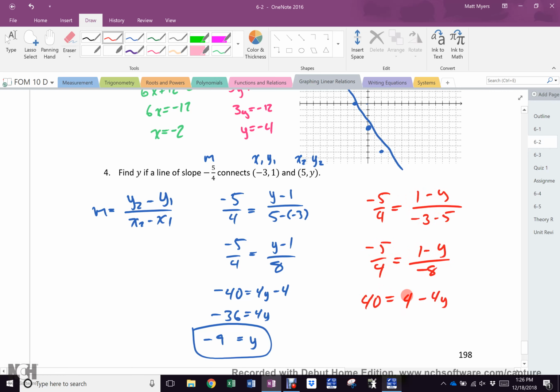Please turn to page 199. Everybody put a dot at negative 8, 0 and 0, 6. On this graph right here.